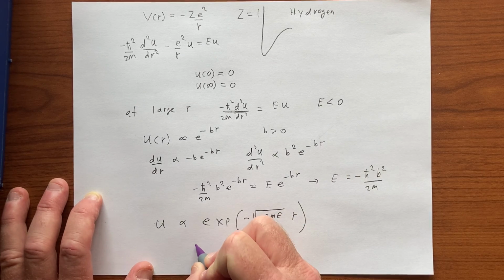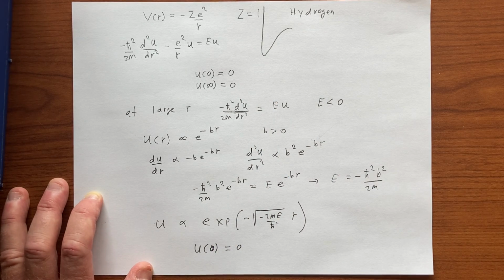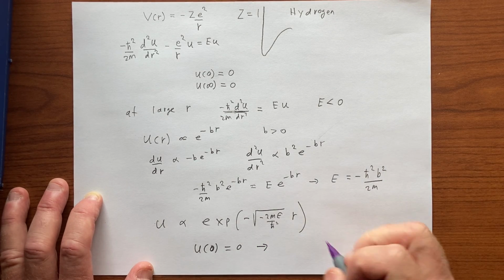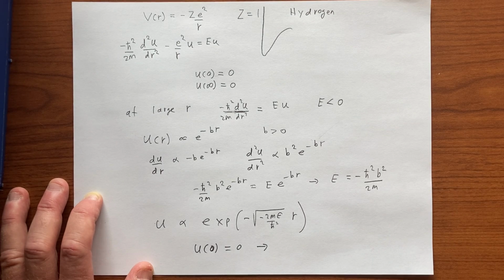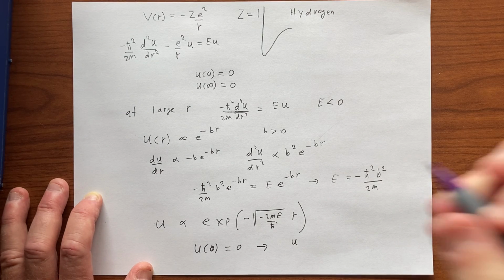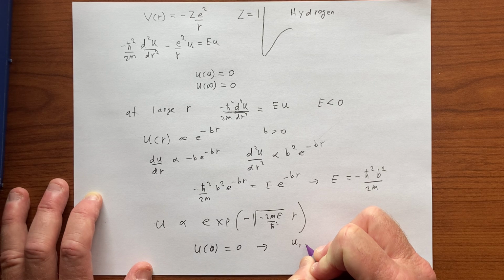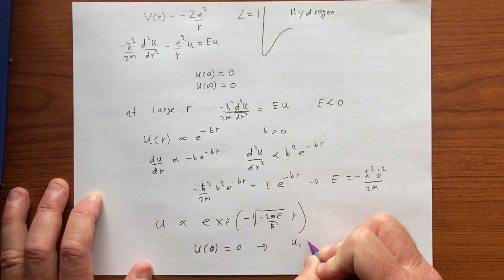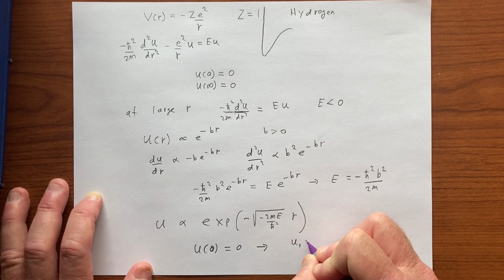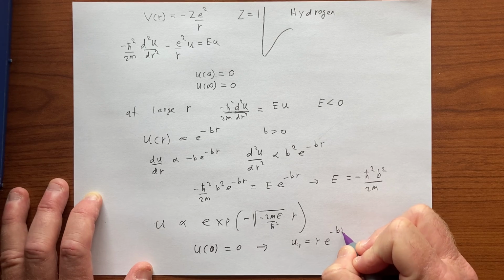But we also know that u of 0 has to be 0, right? This condition here. And so if we want a solution that's valid everywhere, our lowest energy function, which has 0 nodes, so we'll make it go to 0 only at one place, which is at r equals 0, has to look like r times this, r e to the minus br.